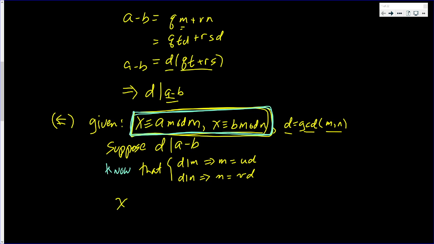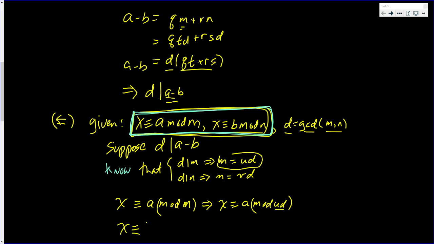Okay, that's important. So x is congruent to a mod m implies that x is congruent to a mod ud, because ud is m. It says so right here. And x is also congruent to b mod n, which implies x is congruent to b mod n, where n is vd.